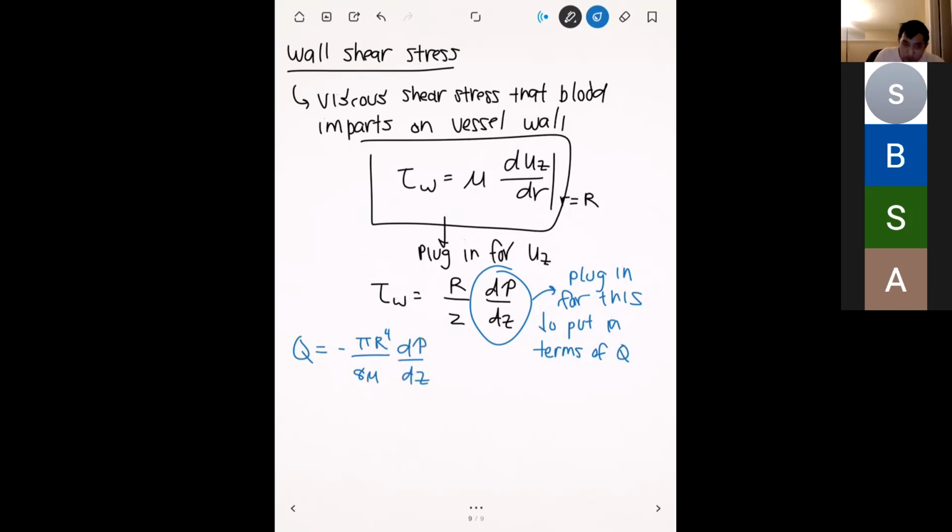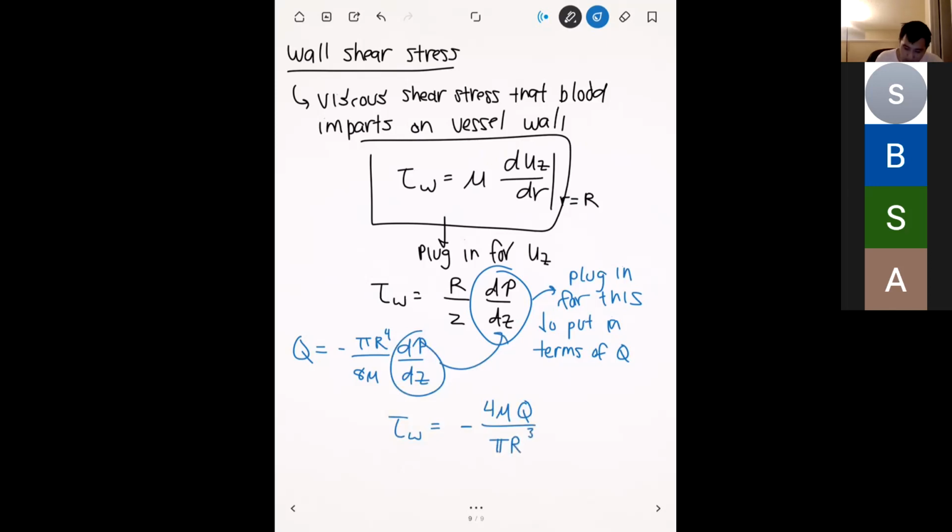And so if we solve for dp dz and then plug that in, we end up with the following expression for tau w. And so tau w is going to be minus 4 mu Q all over pi r cubed.